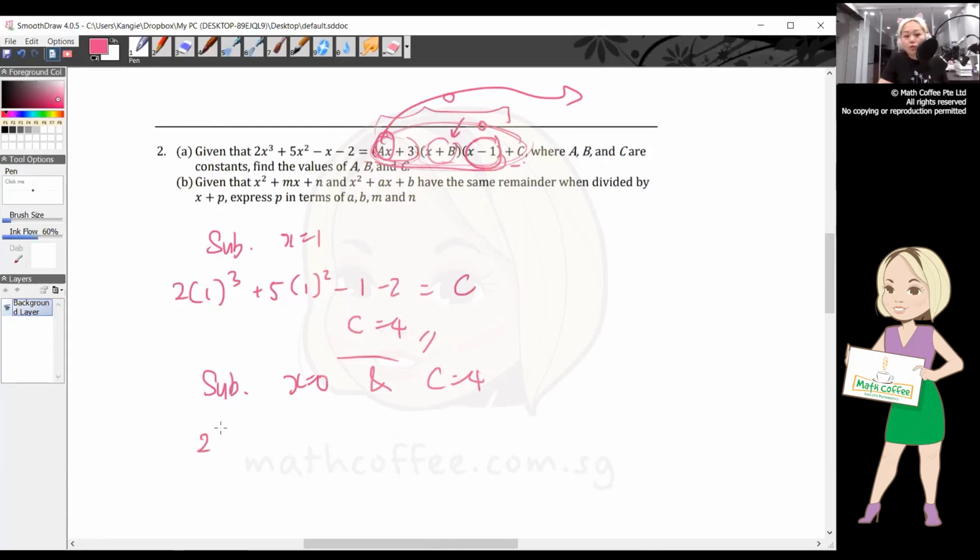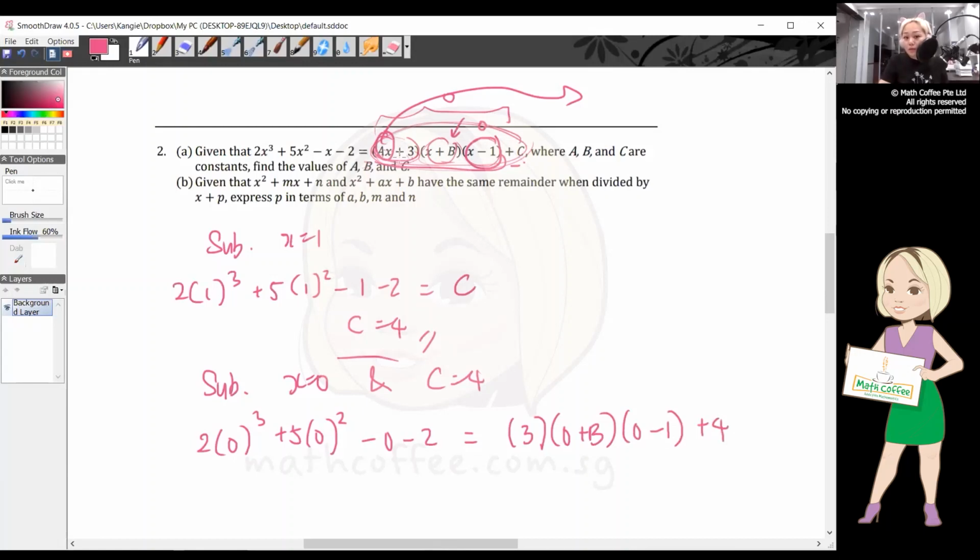So after that, I will get 2(0 cubed) plus 5(0 squared) minus 0 minus 2. This one is not to say the whole thing is 0. It's supposed to be a times 0. So my a disappears, but I still have a 3. So over here, you have (a(0) plus 3)(0 plus b)(0 minus 1) plus 4.